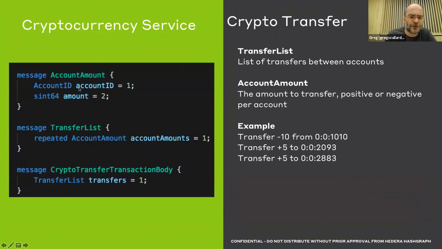So you can see how we can do these complex transfers where we can transfer, as an example here, -10 from account 1010, +5 to 2093, and +5 to 2883. So that's where maybe Andy is feeling generous and he's paying Andrew and Simi in one single transaction. So that's crypto transfer in detail.